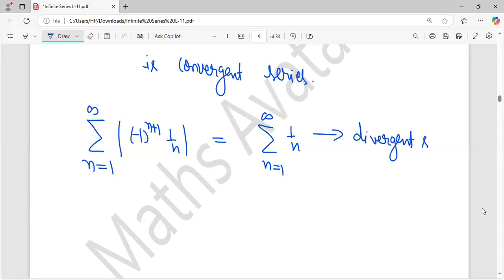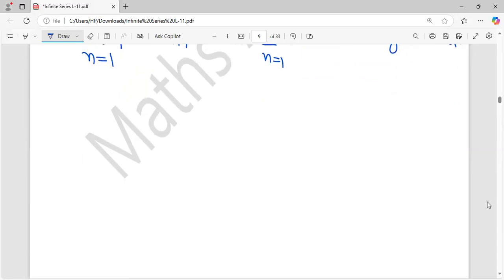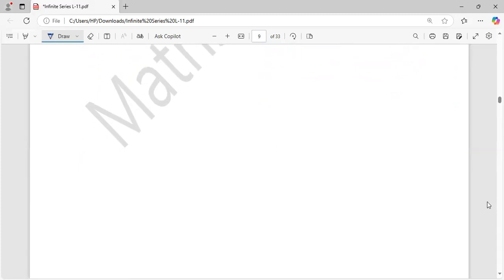So we have this series, minus 1 to the power n plus 1 upon n, that is convergent but not absolutely convergent.